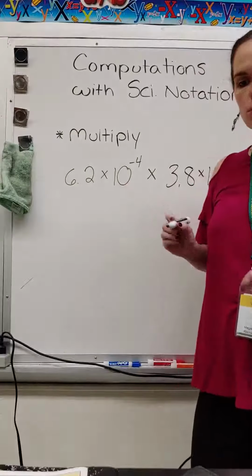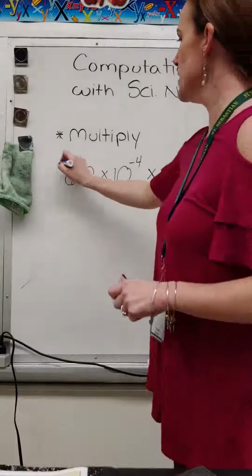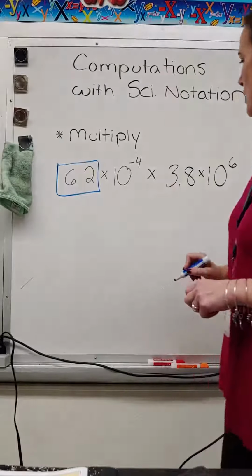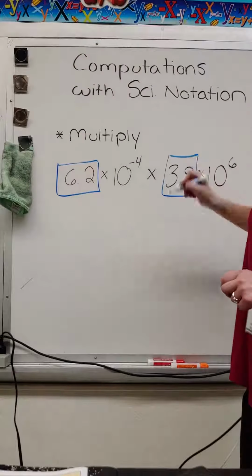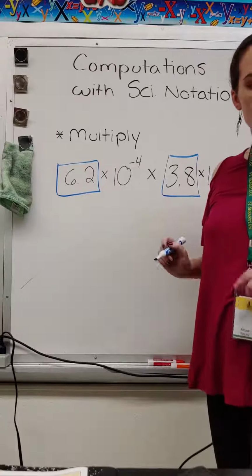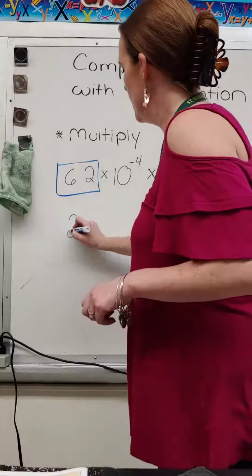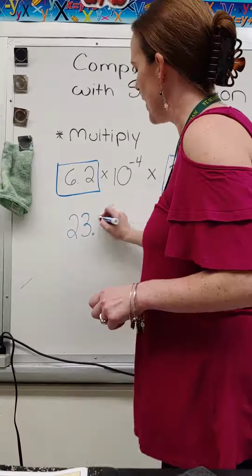So I'm going to look at my front numbers, 6.2 and 3.8, and multiply those together. And you can do this in a calculator. You'll get 23.56.